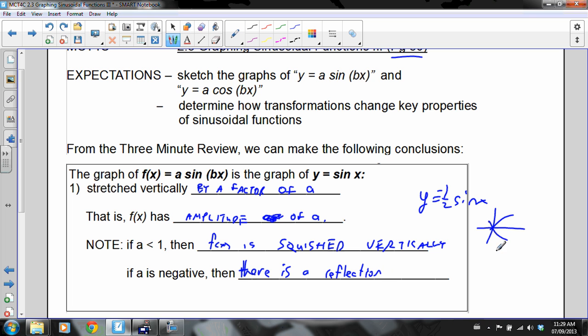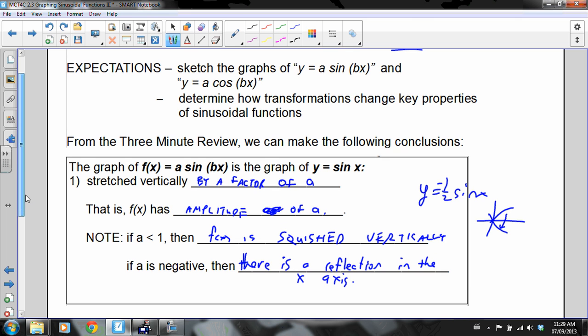And the reflection, the mirror, is in the x-axis, right? Okay. This box, this A, represents an amplitude change. So that's the, we talked about phase shifts and vertical shifts yesterday. This is an amplitude change.